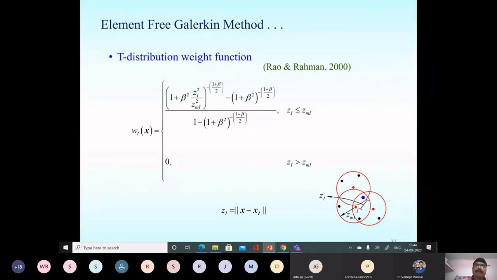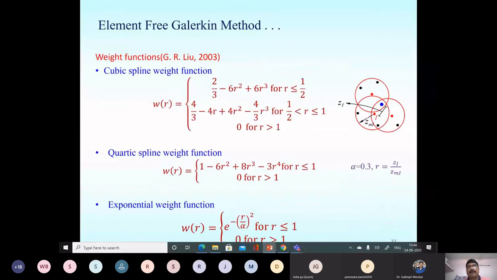For our engineering problems, like solid mechanics problems, a cubic spline or quartic spline is sufficient. If you use the exponential T distribution, you have infinite derivatives, which we don't actually need, but it can be a suitable one. So a cubic spline or quartic spline can be suitable.